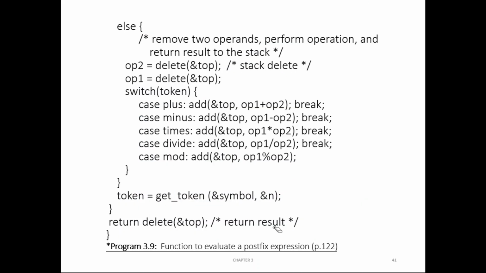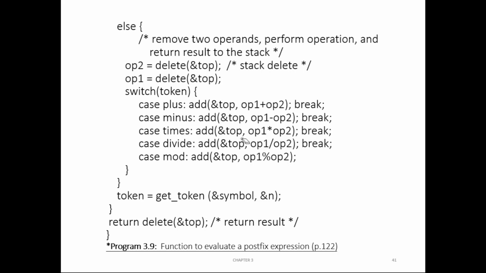If it is plus, what do you do? You can directly add. You need not write a function like this. You can directly say operand 1 plus operand 2 and push that to the top of the stack. Okay, break. If it is a minus, subtract operand 2 from operand 1 and push it into the top of the stack.